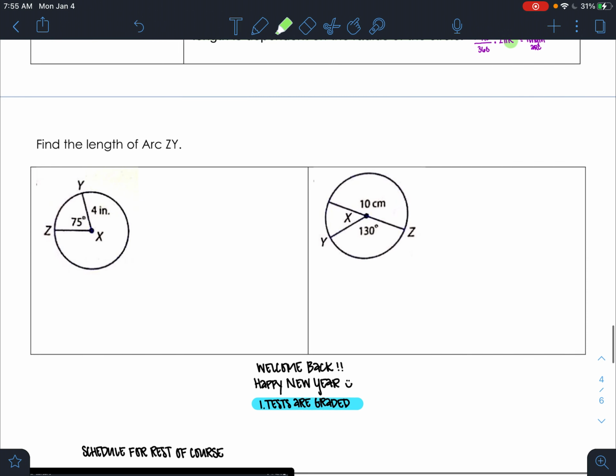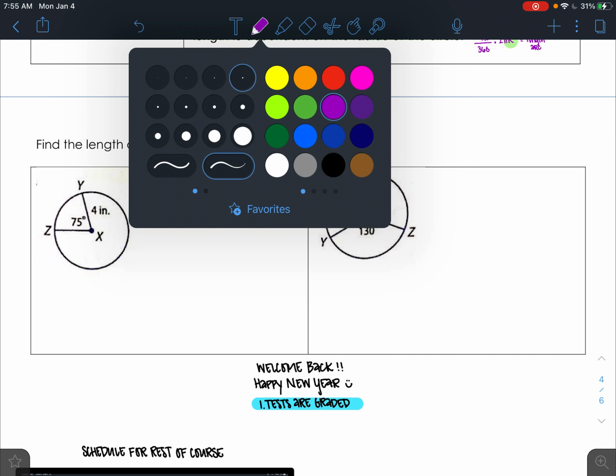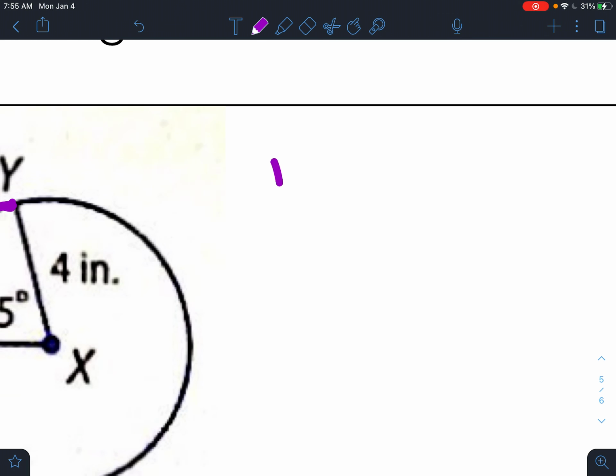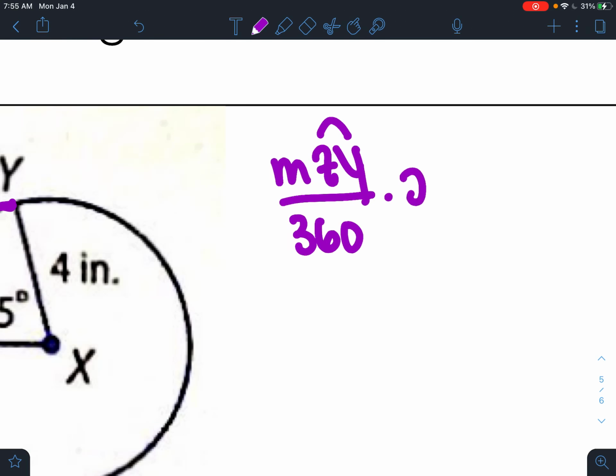So let's go ahead and try that in these two examples. It says to find the length of arc ZY. My formula is going to be the measure of arc ZY over 360 times 2 pi r.